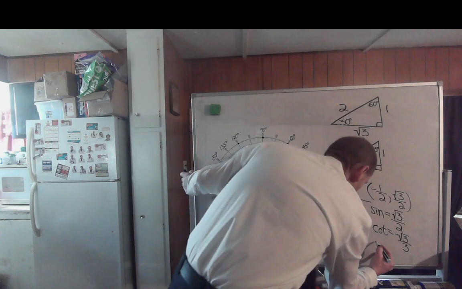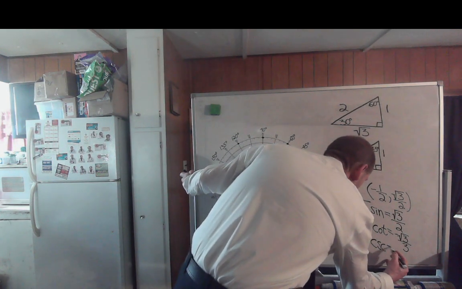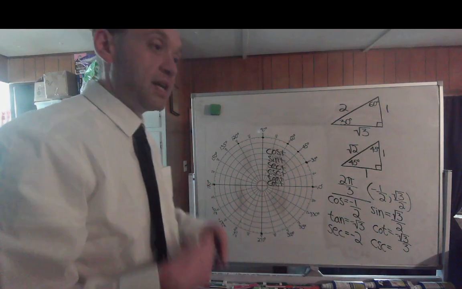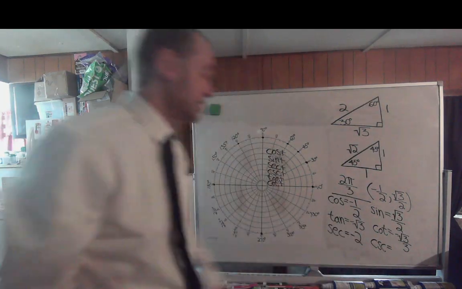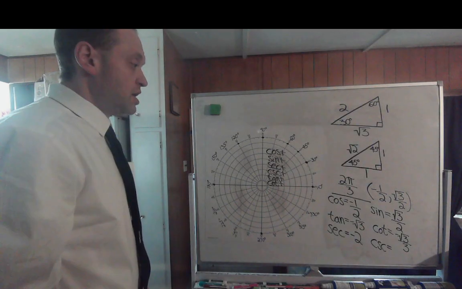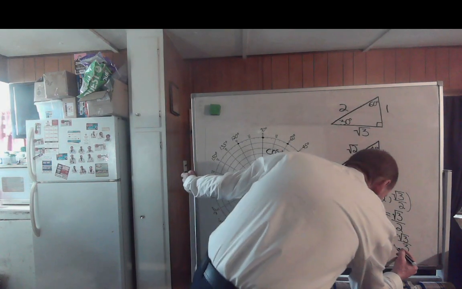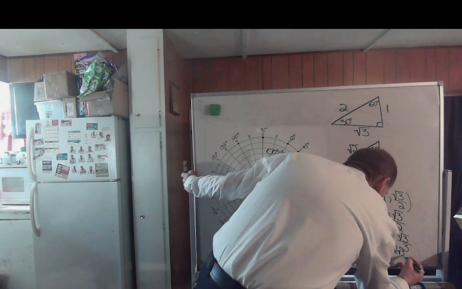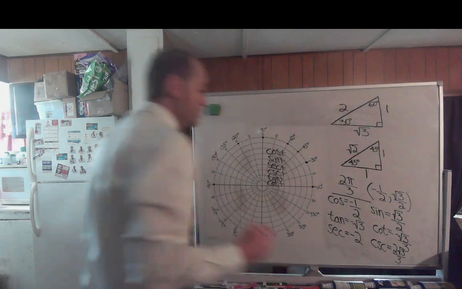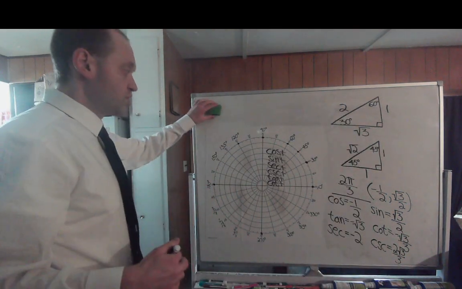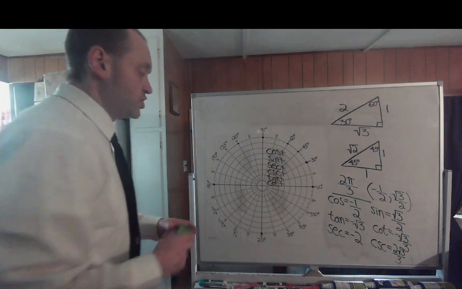Then you can find your cosecant by taking the reciprocal of the sine. Well, if your sine's positive, that means your cosecant will be positive. So the reciprocal of the square root of 3 over 2 turns into 2 times the square root of 3 over 3. So that's how it's starting to work once you get into the second quadrant.